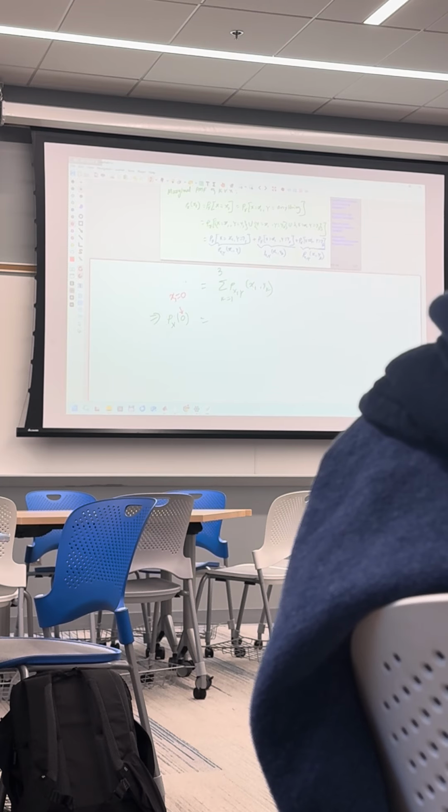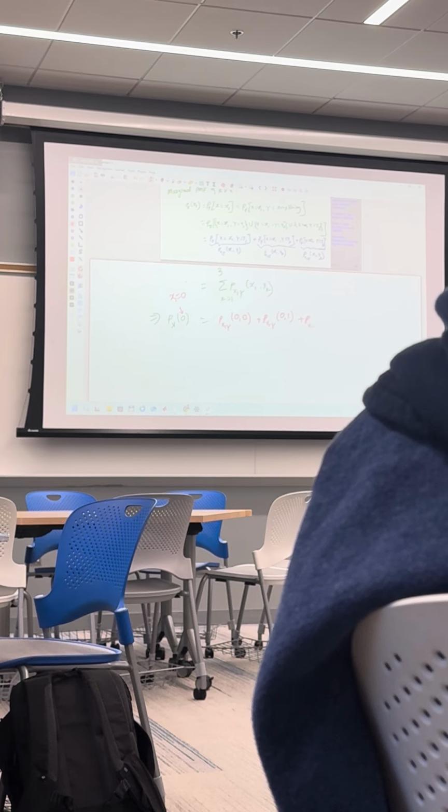So it is going to be the joint PMF of random variable X, Y taking value 0, y1 starts with 0, plus the joint PMF of X, Y taking value 0, y could be 1, plus the joint PMF of X, Y taking value 0, 2.